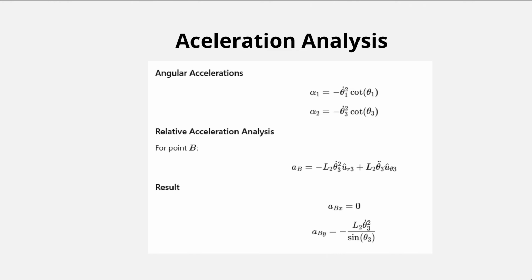Then, using rigid body acceleration relations, we determine the acceleration components of point B. The horizontal acceleration is zero, which is consistent with the constant speed input motion, and the vertical acceleration depends on the angular velocity and angular position of the mechanism.